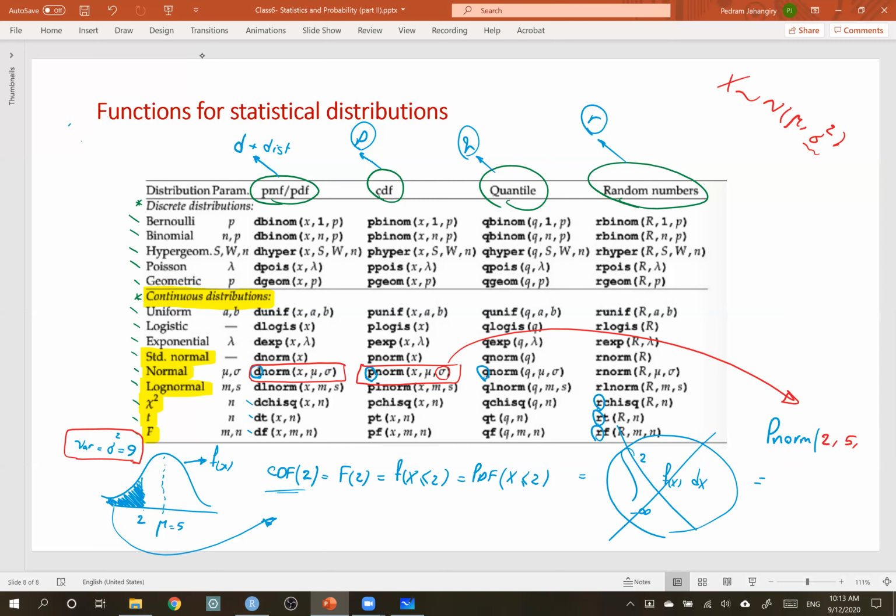However, in R, the author decided to put this as sigma. Be very careful, okay? So this means that here I need to use 3, not 9. So this is my sigma. And when sigma square is 9, what is sigma? It's going to equal 3. So this is a very common mistake that people make in R. And you don't make that mistake.